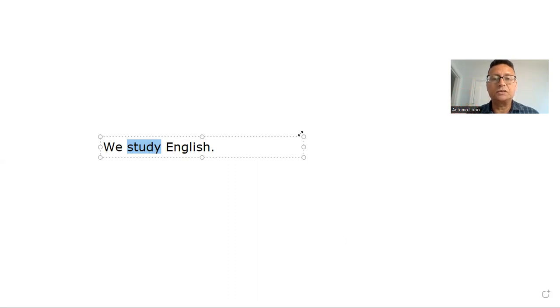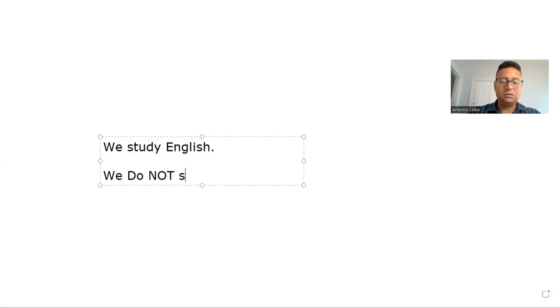Okay? For example, if we want to make negative, we do not study French. Okay? To make a negative, you have to put an auxiliary. 90% of the cases, the verb to do, but there are others, okay?